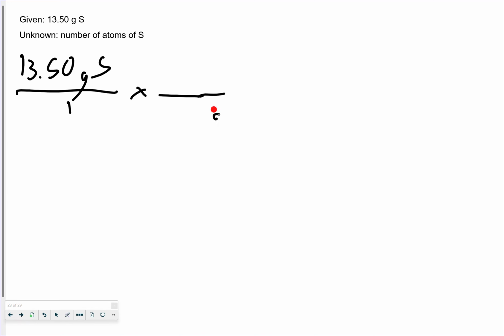Then we set up our unit conversion. There are 32.01 grams of sulfur in 1 mole of sulfur.